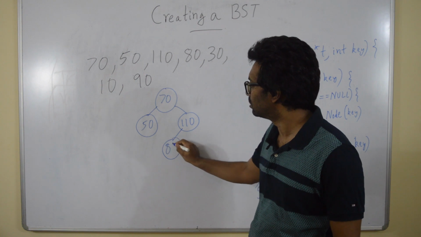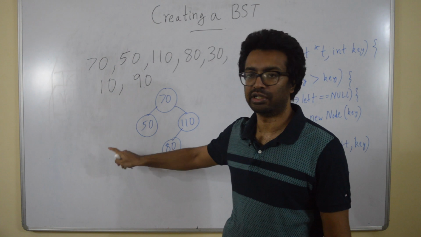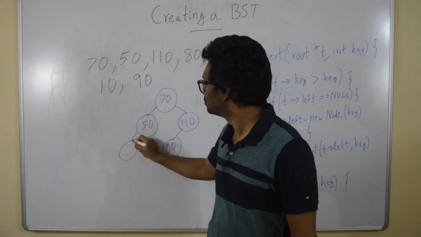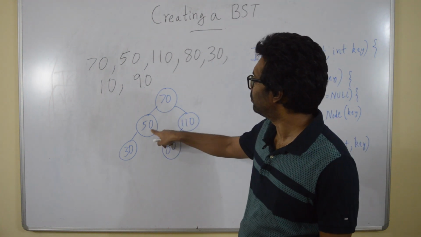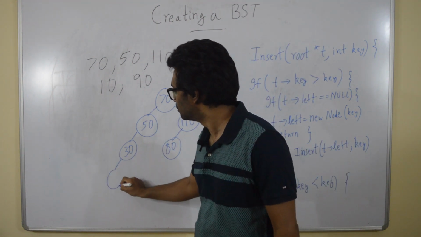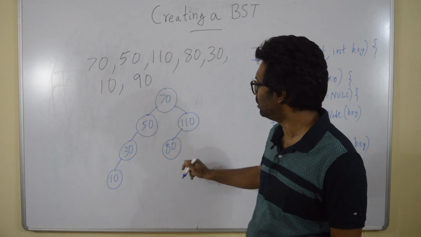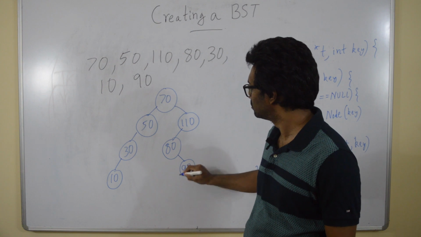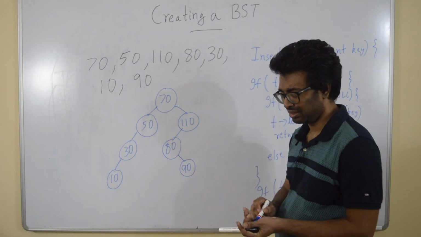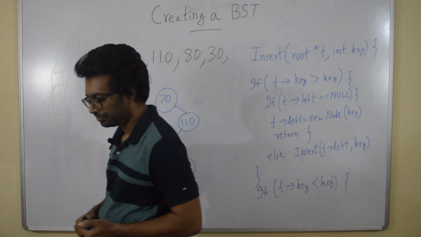So 80 goes there. 30 comes here, 50, 30 has to go there. 10, 70, 50, 30, 10. 90, 70, 110, 80, 90. Okay. So this is my binary search tree for these numbers.